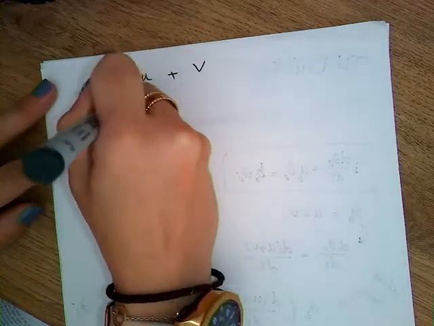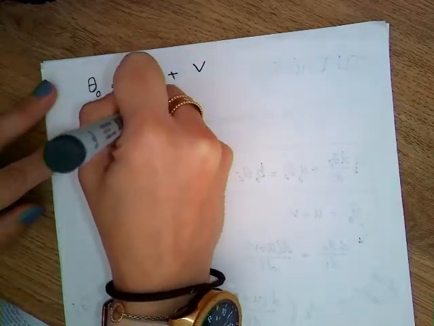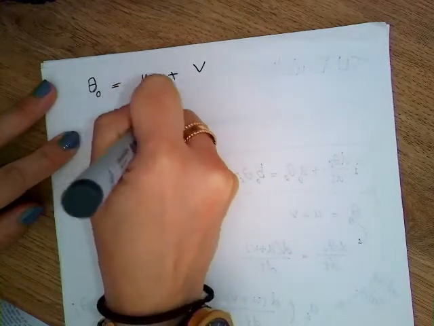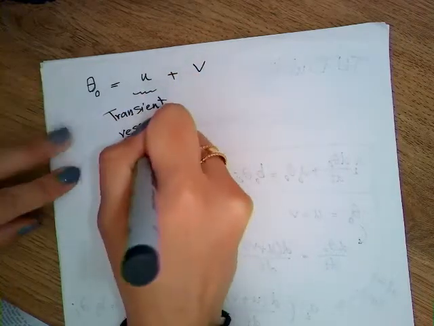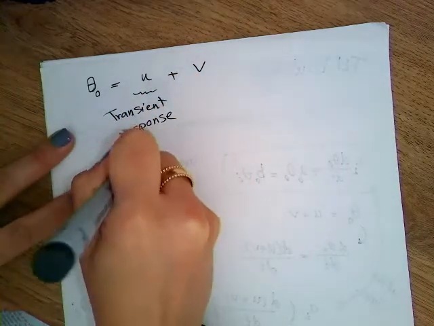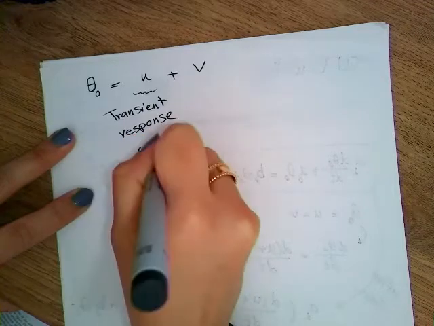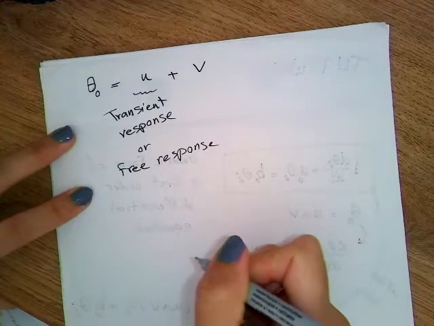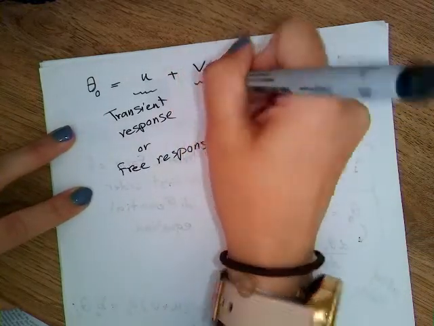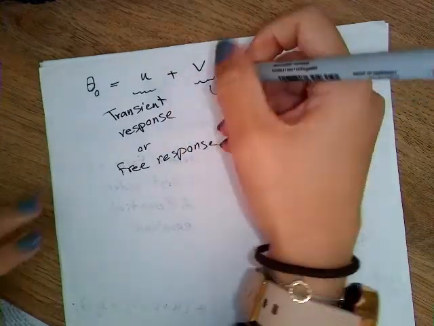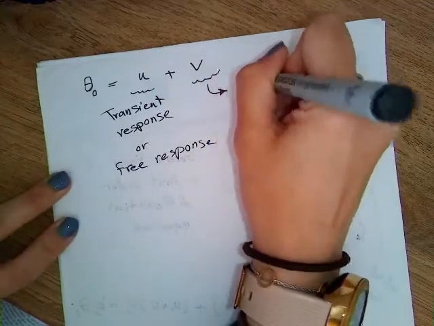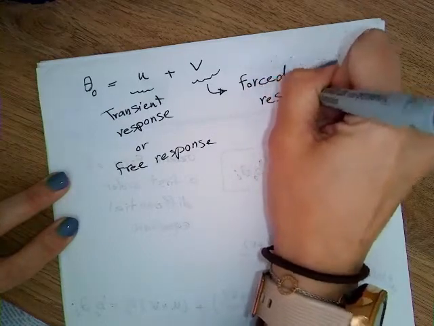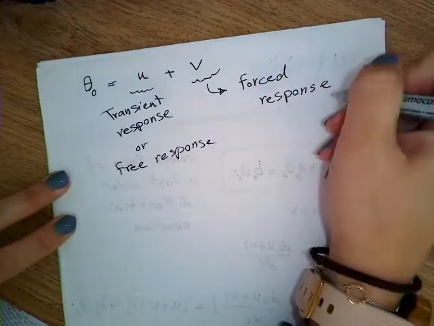So I'm going to call it transient response or free response. And the second part, which we are going to look at in a second, is going to be our forced response.